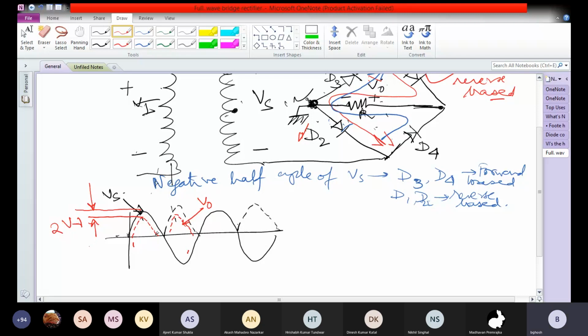This is important to understand. There are 2 diode drops. So we need 4 diodes in this case to achieve full wave operation.